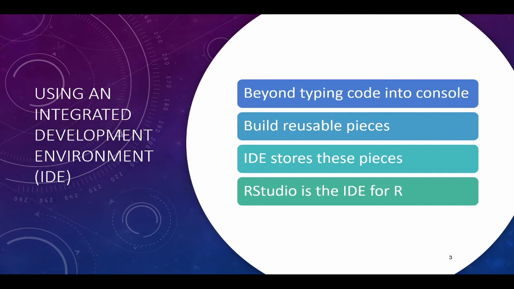Once you get the code working the way you want it to, you can save it and then just reuse it. So the IDE is going to store all of this code into bits and pieces, and it's going to execute them that way. Again, you're going to save time, with fewer errors and reusability. And RStudio is one of the IDEs for R, and again, it also works with Python.